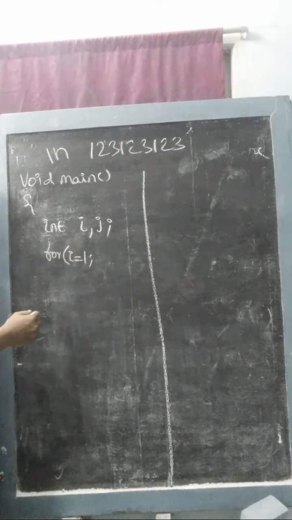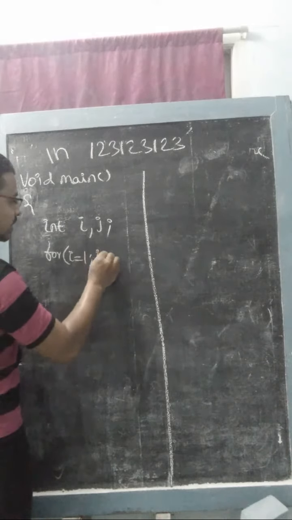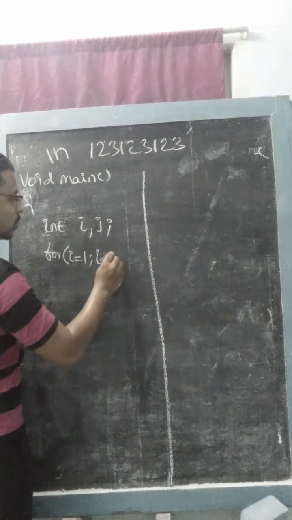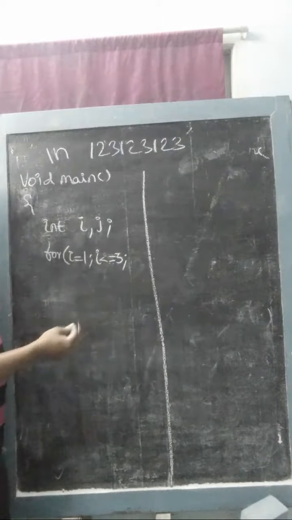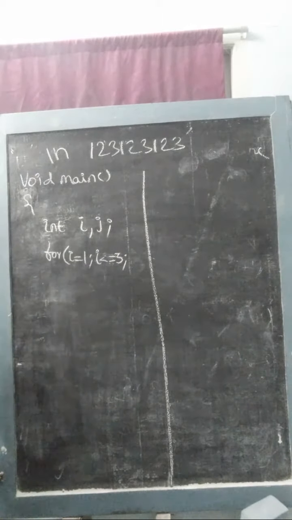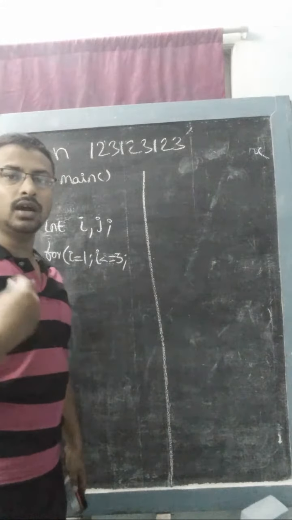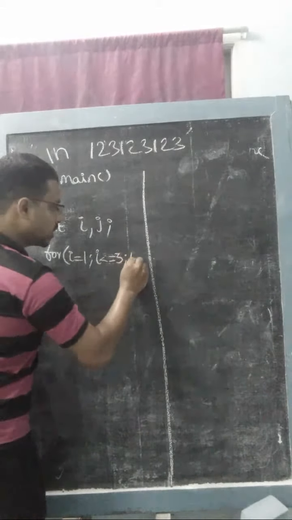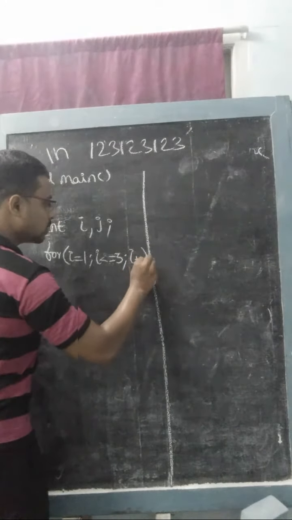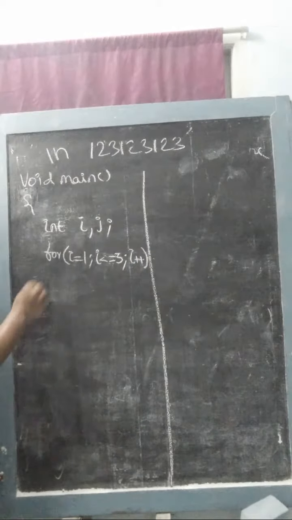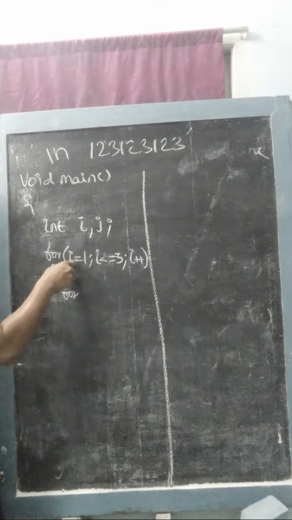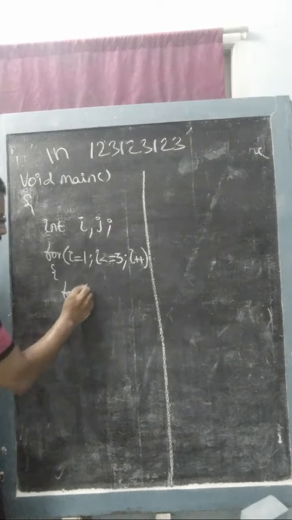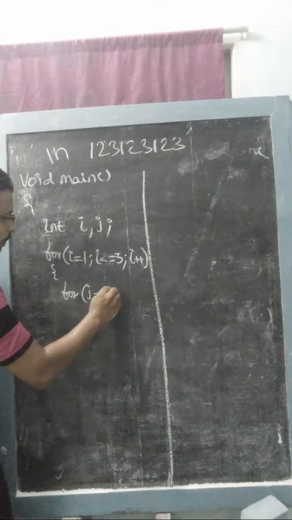As we already told in the problem definition, I less than or equal to 3. And then, as I already told you, I is equal to I plus 1 and I plus plus are the same, so I am just using I plus plus. And I am just opening this loop for row. I is for row and j is for column. So j is equal to 1.